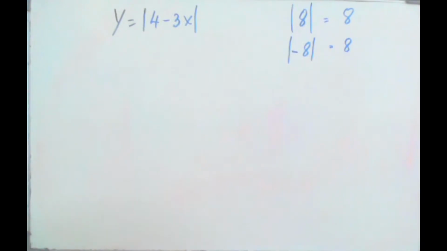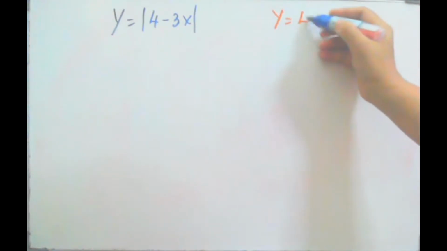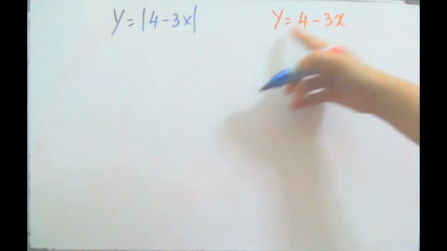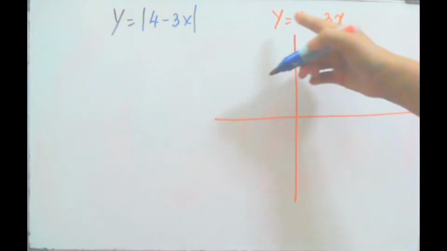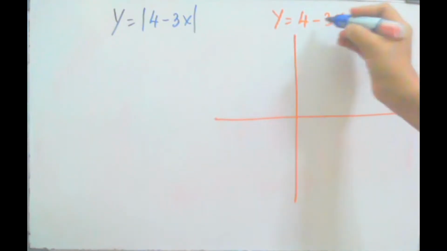So to sketch this on the graph, let us see how the graph would look if the modulus was not there. As you can see, it is a linear equation and ends up as a straight line. To plot any straight line, we need a minimum of 2 points. So let us locate these 2 points.